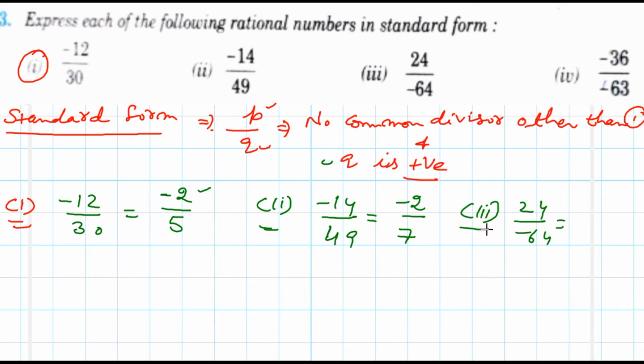So here Q is negative. So what will we do now? We will make this denominator positive by multiplying both with minus 1.